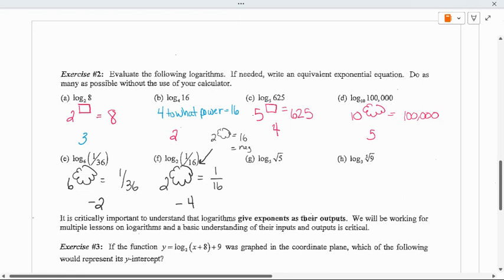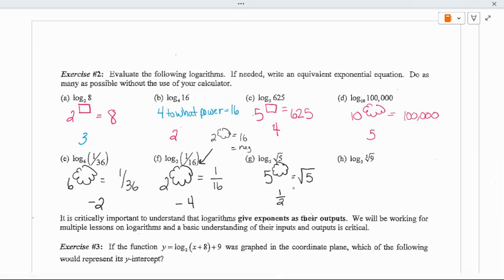Okay. Let's look at this next one. 5 to what power is the square root of 5? We know that the square root is the same thing as the power of 1/2. Why is that? Because this is the power and this is the root.